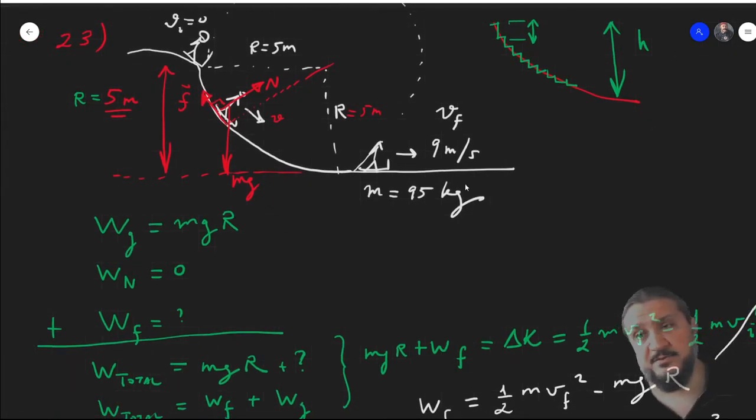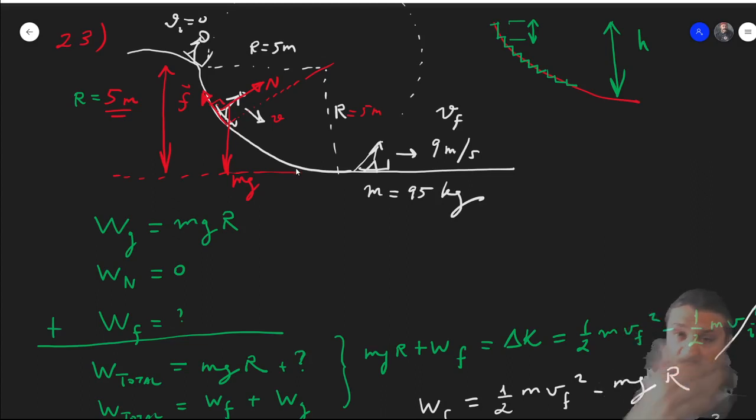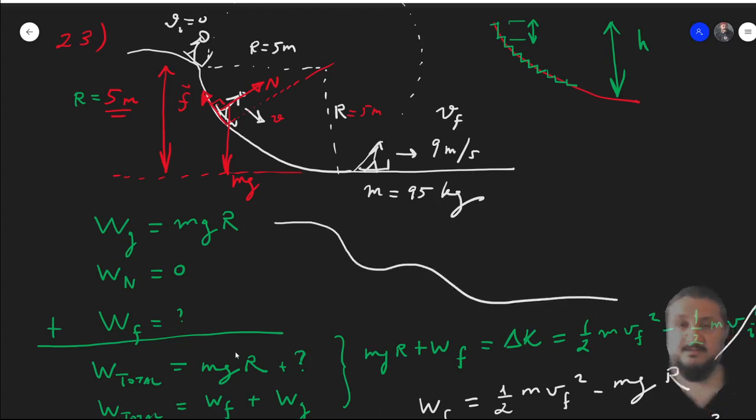And we talked about the independence of the work done by gravity from the path. A quarter circle here helped us to find the height basically, but in general I could say, hey, this is the skateboard path, something like this, instead of a quarter circle.